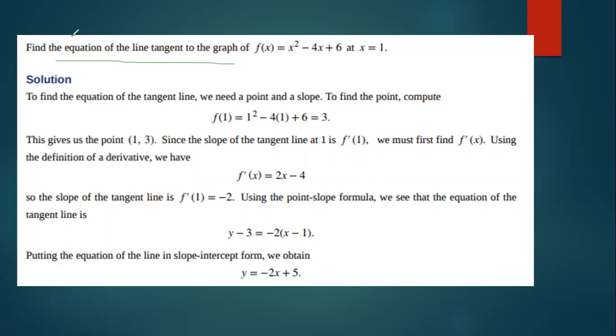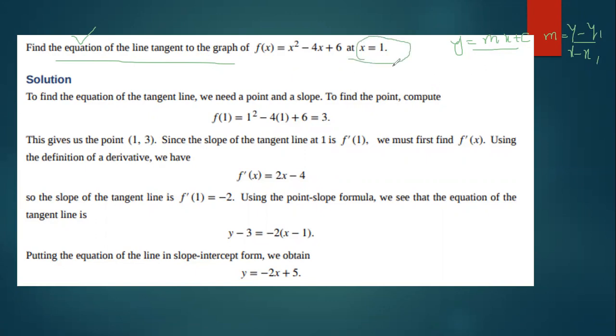The equation of a line is y equals mx plus c. From here we first have to find the value of m, which equals (y minus y1) divided by (x minus x1), or y2 minus y1 if there are 2 points, but there is only 1 point given to us. So how to find it?